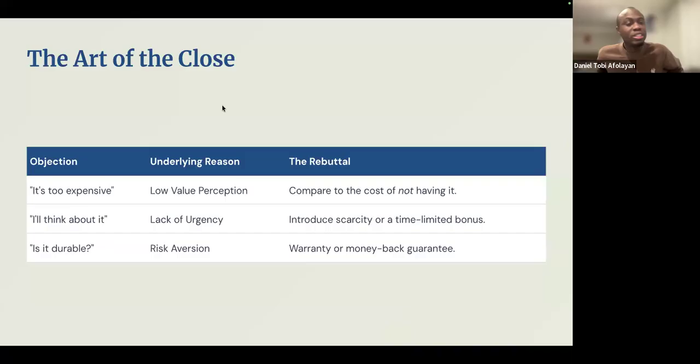And some people will ask, is it durable? Will this thing last? That's the local parlance. People are running away from having too much liability around them, too much risk. If you believe that your product is durable and will stand the test of time, you can offer some form of money back guarantee.